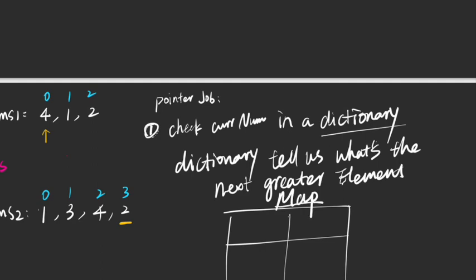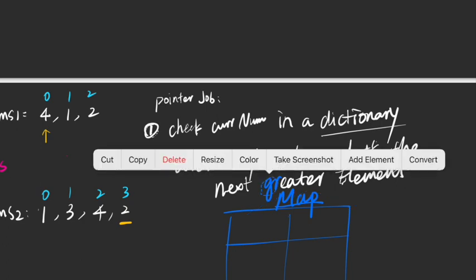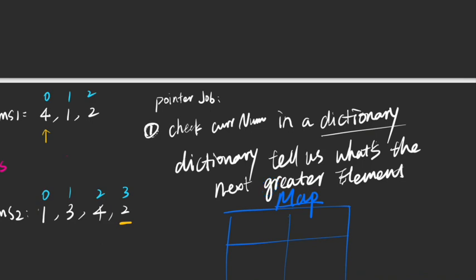For example, we usually have a map, and this map tells us the key is the number and the value is the next greater element.